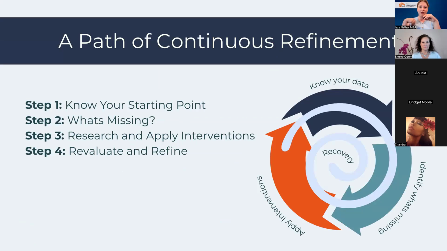In this process, there is a path of continuous refinement. In a general sense, we'll start with step one, knowing your starting point. Step two, knowing what's missing and being able to identify a roundabout area of what's missing. Then we'll look at how to research and apply those interventions, and then reevaluate and refine them.